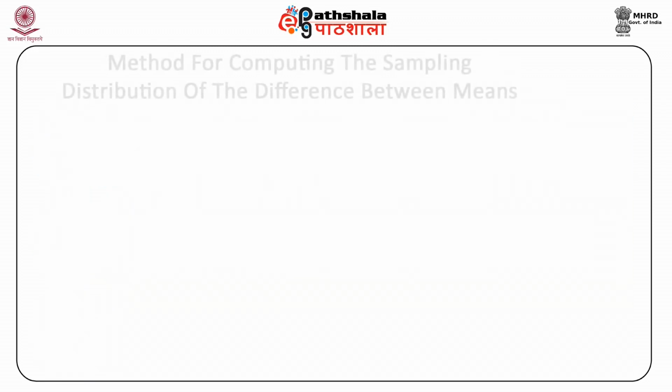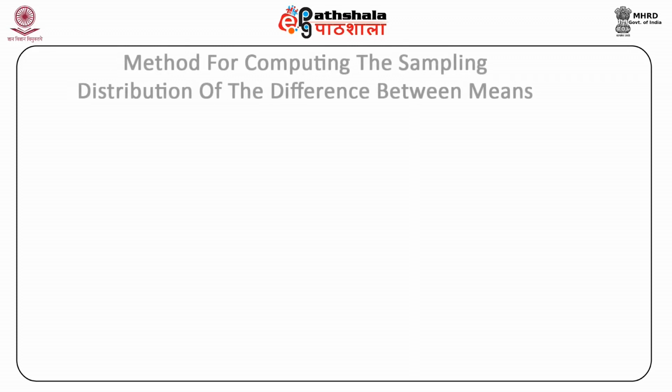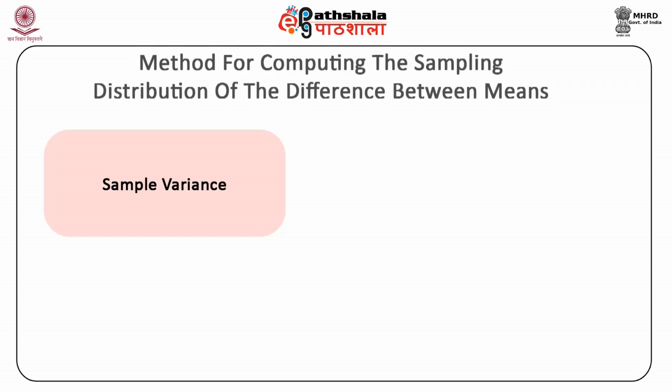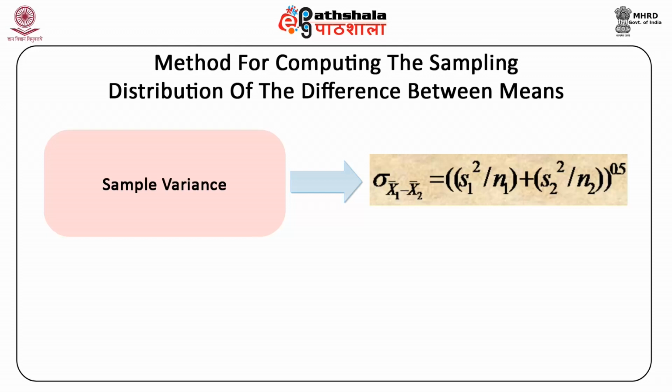If the population variances are not assumed to be equal, the separate sample variances are used as an estimate of sigma (x1 bar minus x2 bar). Sigma (x1 bar minus x2 bar) is equal to (S1 square upon N1 plus S2 square upon N2) whole to the power 0.5.